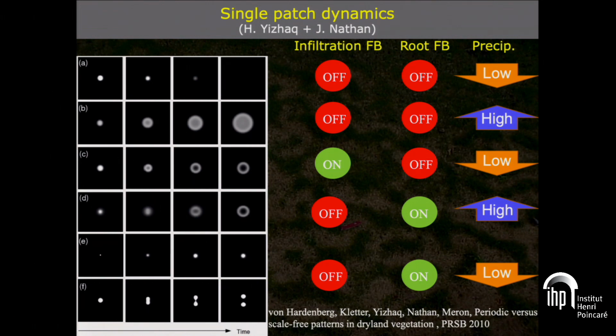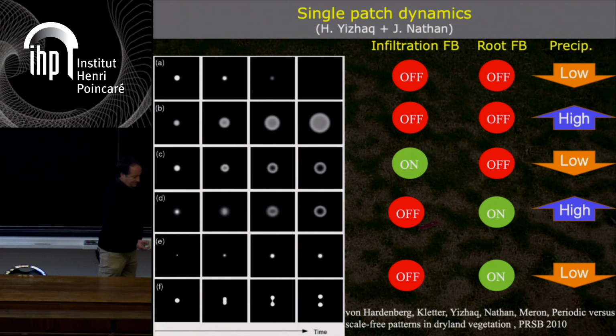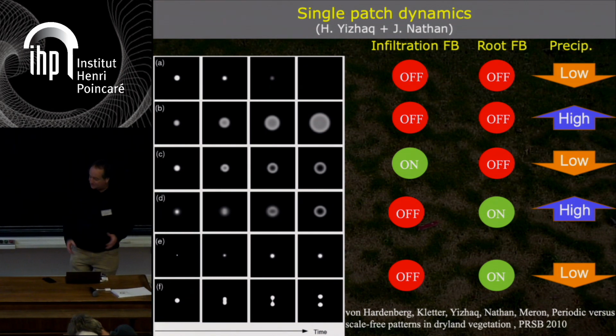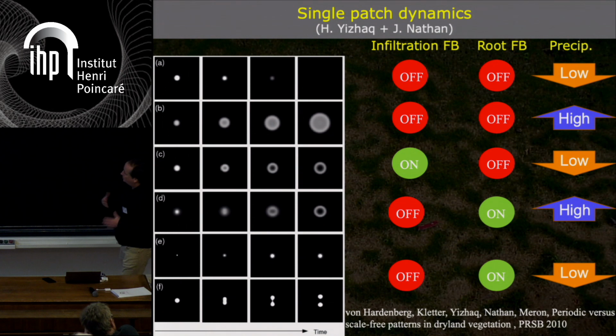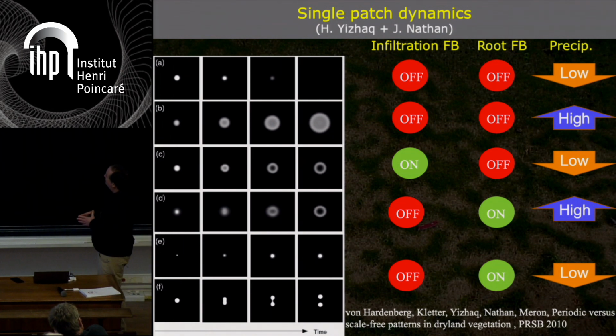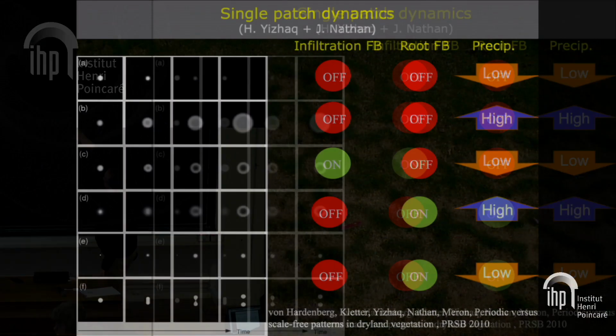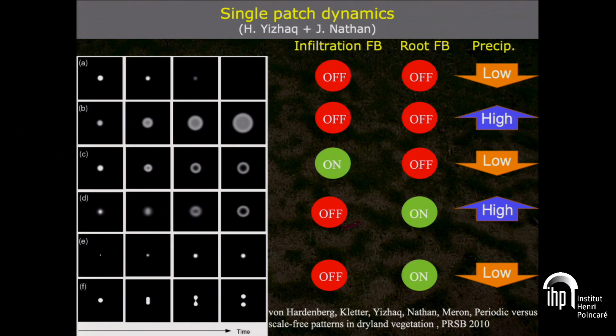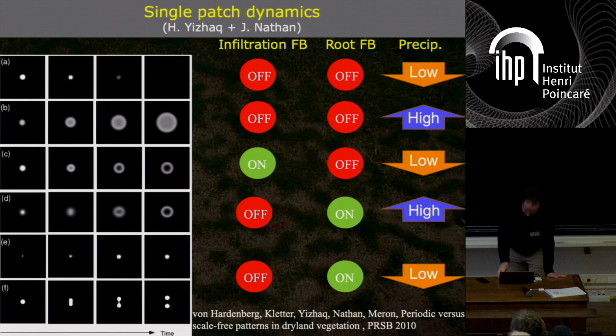So by analyzing more carefully what is the role of various feedback mechanisms in actually limiting the size of patches, it's obvious that if we want a broad distribution of patch sizes, we need to allow very large patches. And apparently, since the system prefers a finite wavelength, it's always trying to give me patches of only a given size. So by sort of screening the various feedback mechanisms and switching them on and off, you can study how this is controlling the patch sizes.